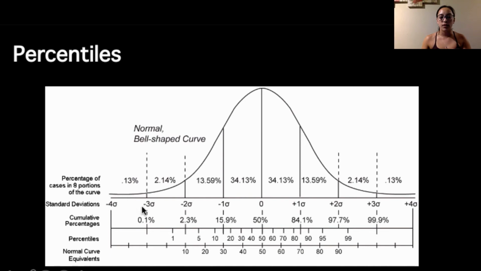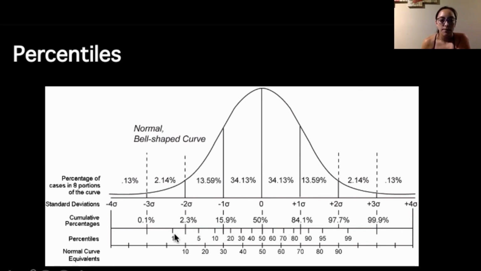We also focused on our standard deviation notation, as well as where our percentiles would fall. Percentiles are on this one. What's not on this one is the units of measurement, because this particular figure didn't have a specified unit of measurement. But this figure is relatively similar to the one we looked at last week.